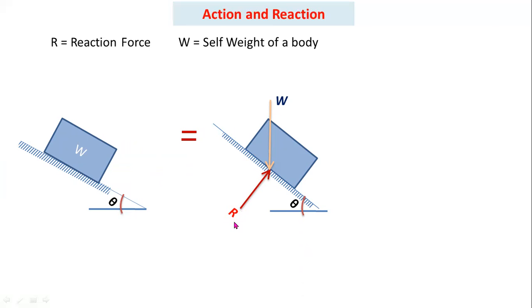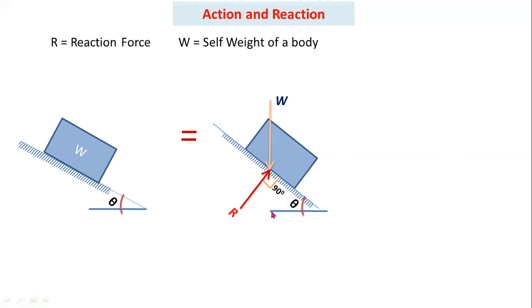This reaction force makes an angle of 90 degrees with respect to the inclined support. The line of action of the reaction force always depends upon the angle of inclination of the plane.